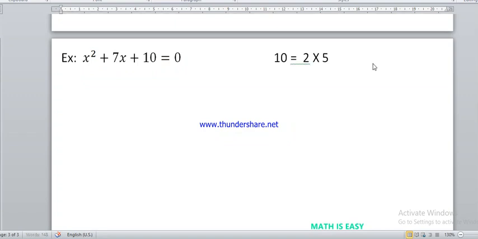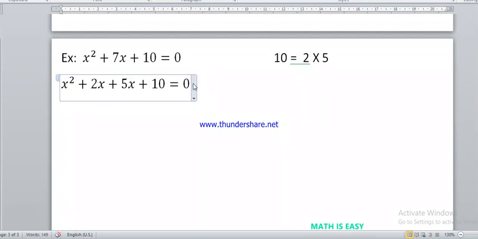So these both are satisfying our required condition. So I will take x square plus 2 into 5, right? You can write it as x square plus 2x plus 5x plus 10 equals to 0.